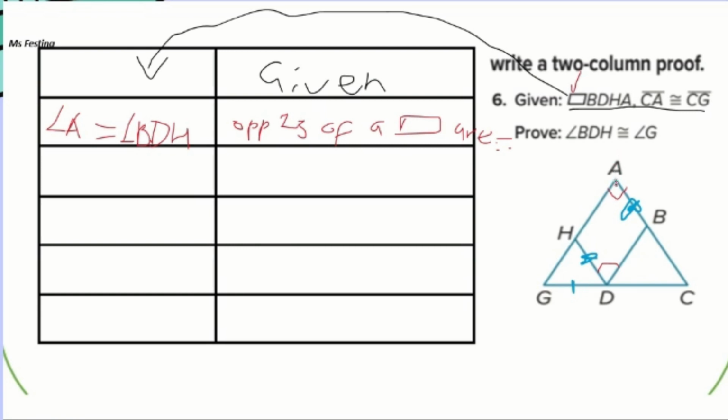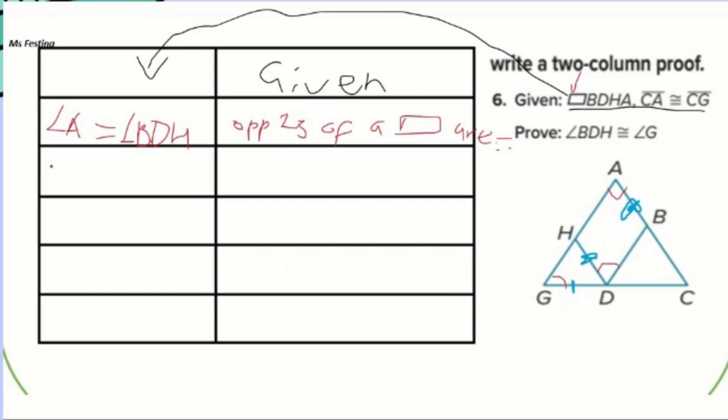And then it also makes these angles here equal to each other, because they are also going to be angles in an isosceles triangle. Remember, we were given that line CA is equal to line CG. So if this line is equal to this line, then we know that triangle ACG will be an isosceles triangle. If it's an isosceles triangle, then base angles will be equal.